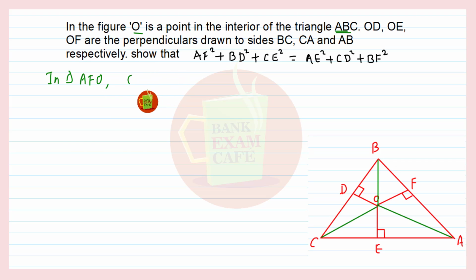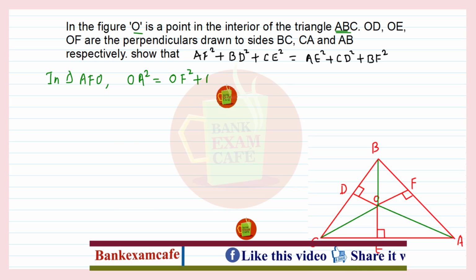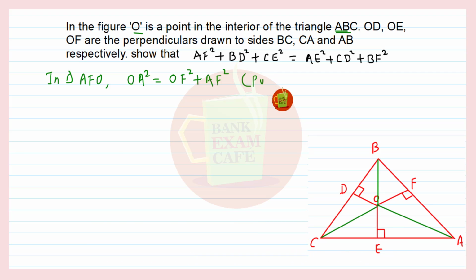OA square, the square of the hypotenuse. The side opposite to 90 degrees is the hypotenuse. So OA square is equal to OF square plus AF square by Pythagoras theorem.